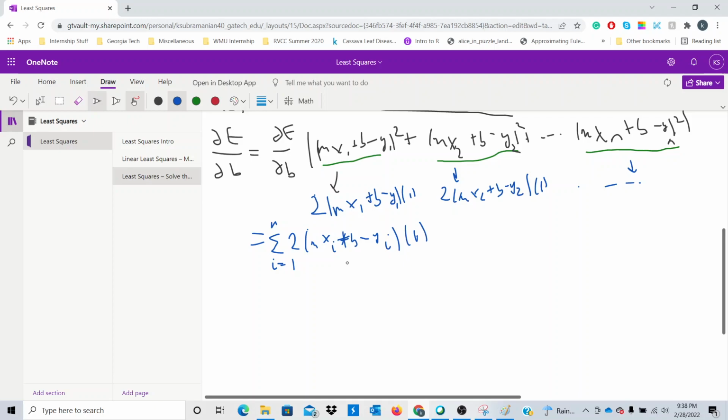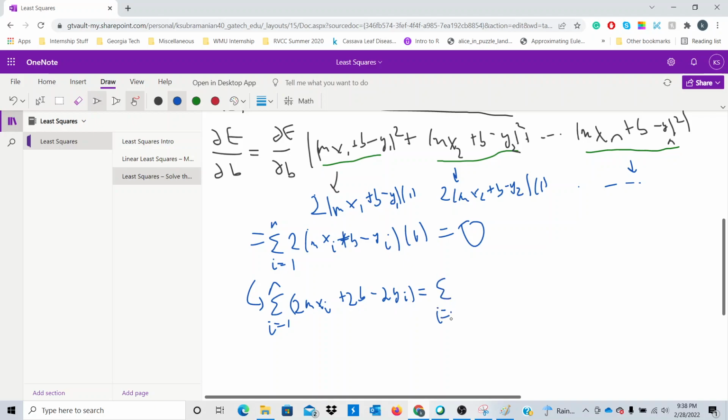Now we still have to solve for this partial derivative equaling 0, but what I'm going to do is expand out the sum. By summation properties, this sum is equivalent to the sum from i equals 1 to n of 2m x sub i plus 2b minus 2 times y sub i. And since we're taking the sum of terms that are summed in, we can separate out the summations.